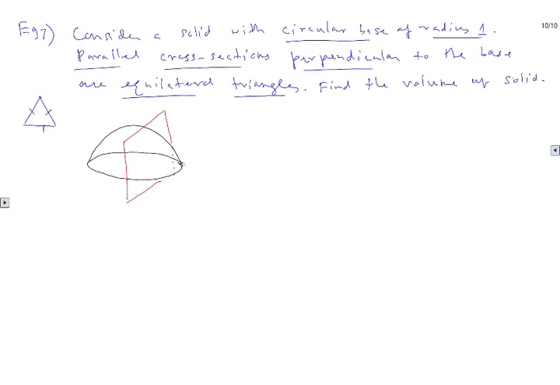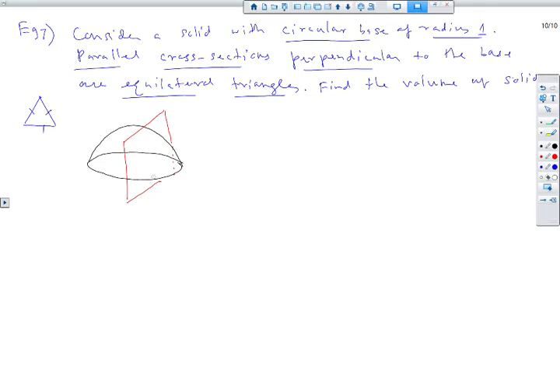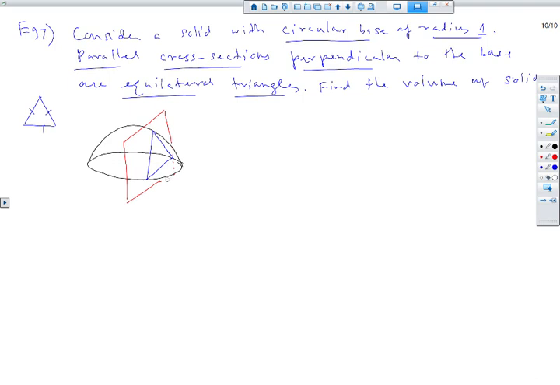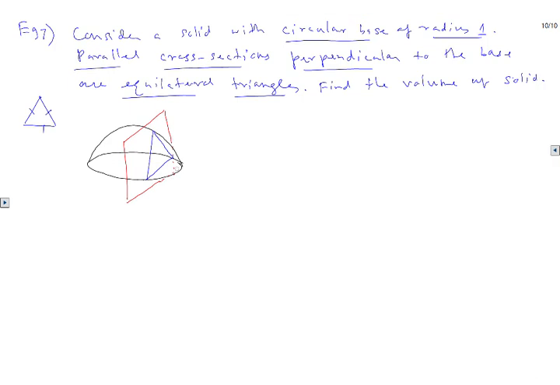That's a slice. Once you get the slice, the cross section is an equilateral triangle. That's what it says. Each cross section is a triangle. So we're going to cut it perpendicular to the base, and once you cut perpendicular to the base, each cross section is a triangle.